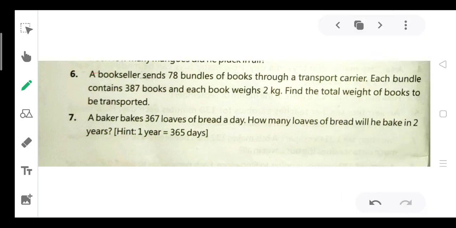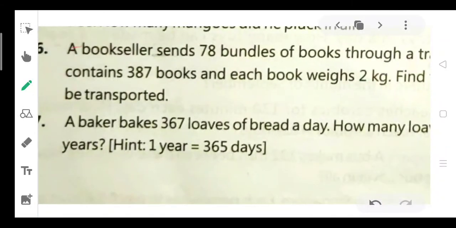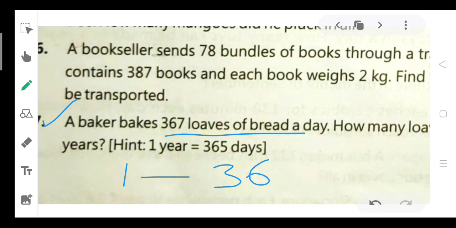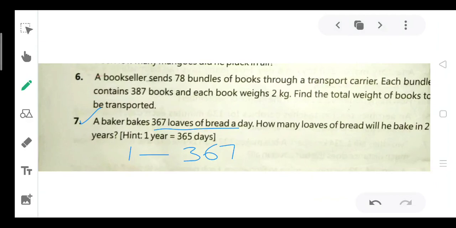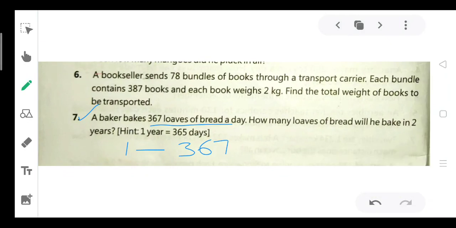Here it is. A baker bakes 367 loaves of bread a day. It means in one day how many breads were baked? 367. And the question is, how many loaves of bread will be baked in 2 years? 1 year has 365 days, you know.